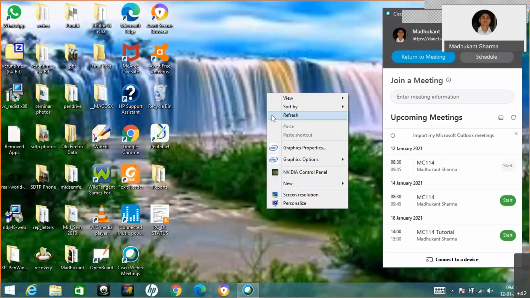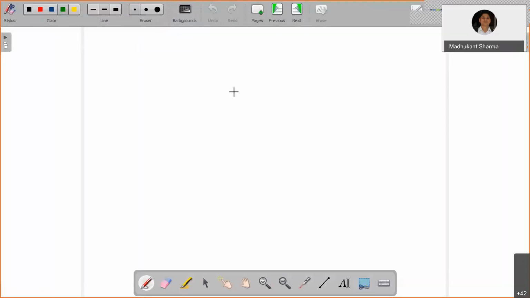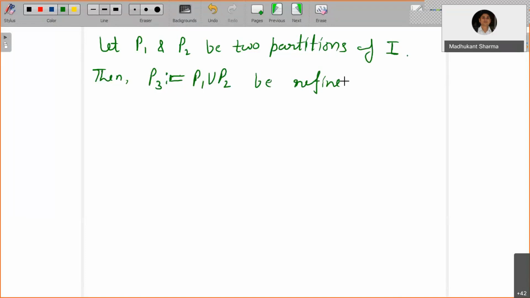Now, let P1 and P2 be two partitions of I. Then P3, which we define as P1 union P2, is a refinement of both P1 and P2.